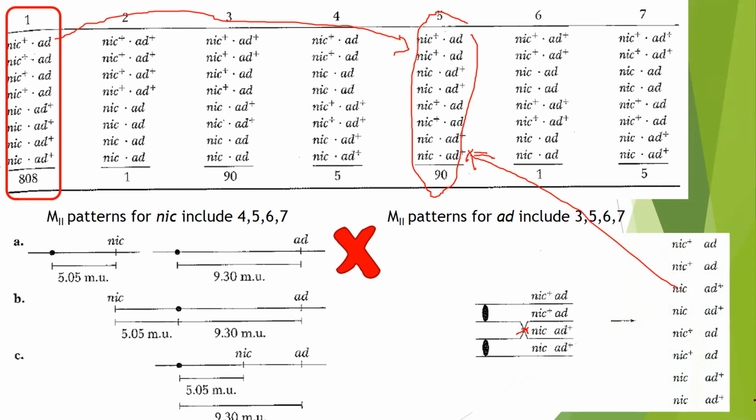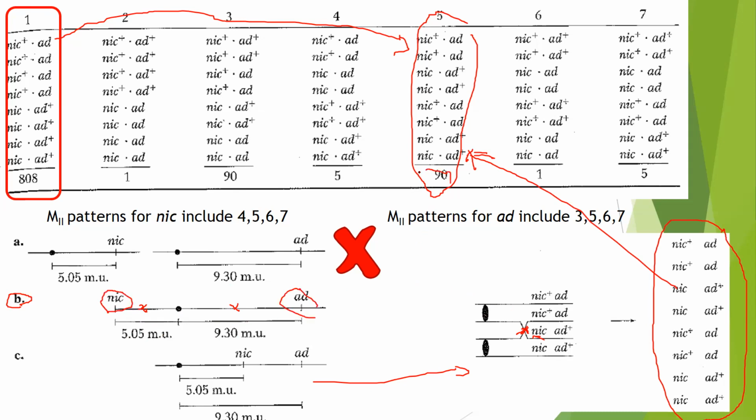Which means, if C is true, there's a crossover occurring between the centromere and the NIC gene, which will produce this, all right? However, if B is true, if these two genes are located on two sides of the chromosome, then a single crossing over will generate the M2 pattern independently for these two genes, right?